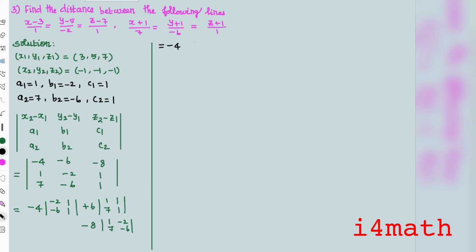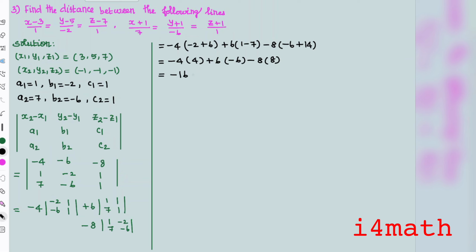Minus 2 into 1 is minus 2, and in the off diagonal direction, 1 into minus 6 is minus 6, and with the extra minus it becomes plus 6. So minus 2 plus 6 is plus 4. Next, 1 into 1 is 1, and 7 into 1 is 7, so 1 minus 7 is minus 6. And then 1 into minus 6 is minus 6, and 7 into minus 2 is minus 14, with the extra minus, so plus 14. So minus 6 plus 14 is 8.